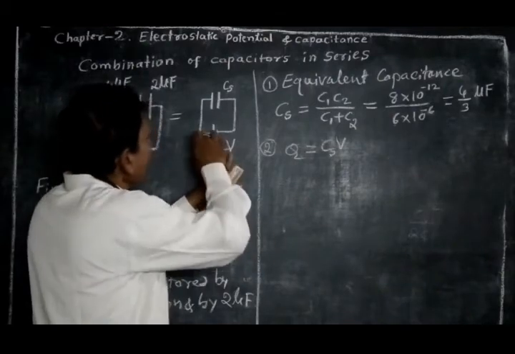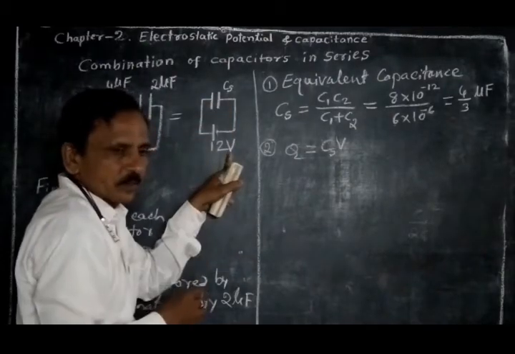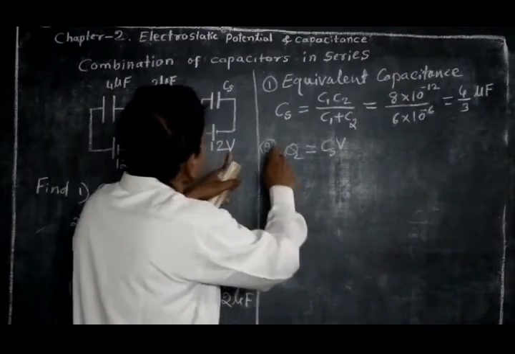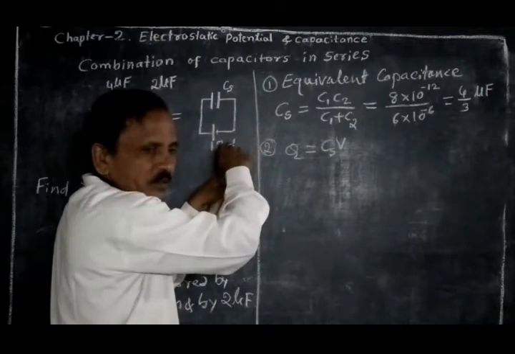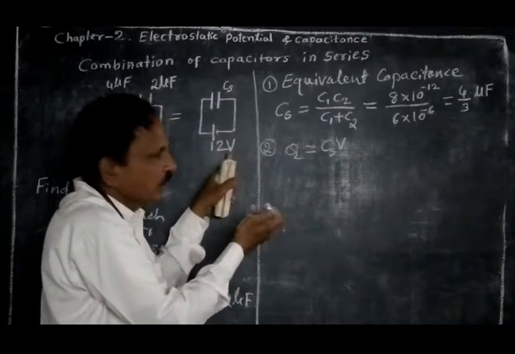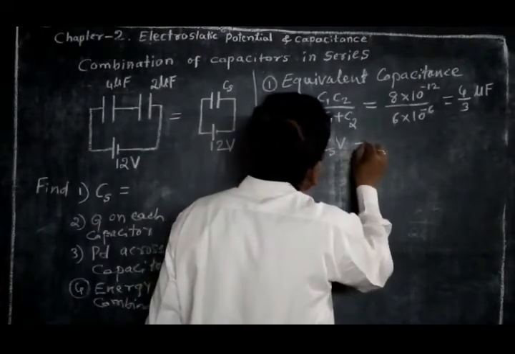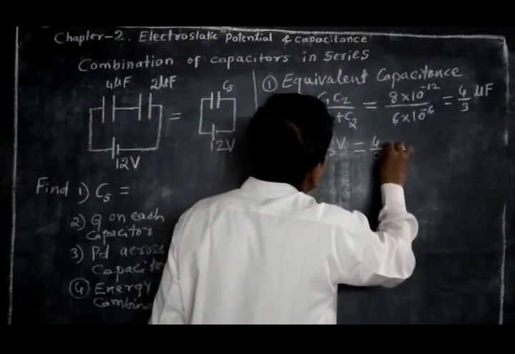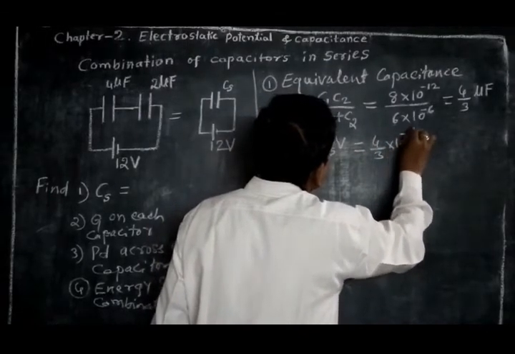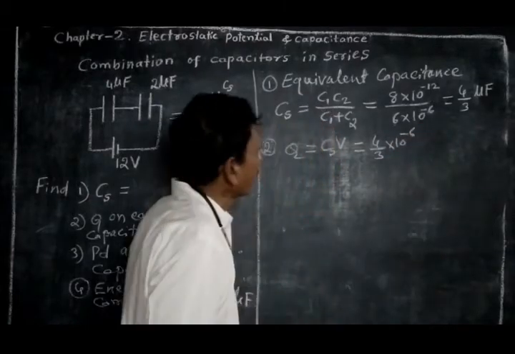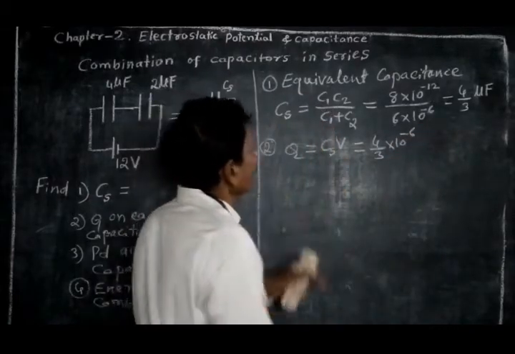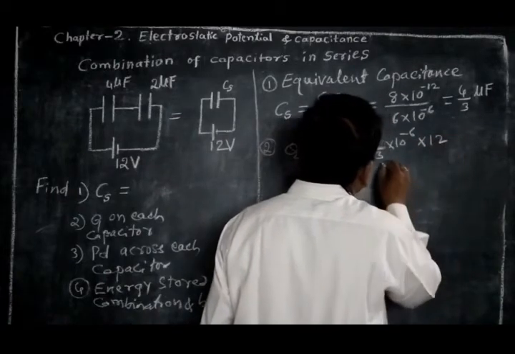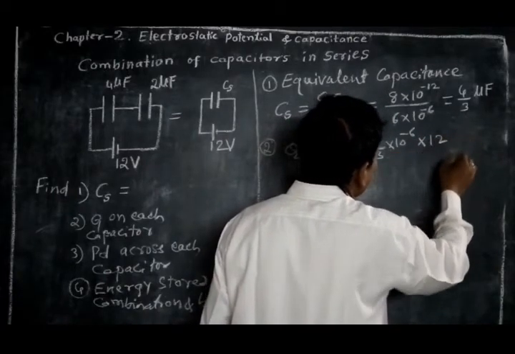Therefore, charge stored by this capacitor is Q equal to Cs into V, and Cs equal to 4 upon 3 into 10 raised to minus 6 farad, microfarads, and into 12 volt. Here 3 ones are 3, 4s are 12.